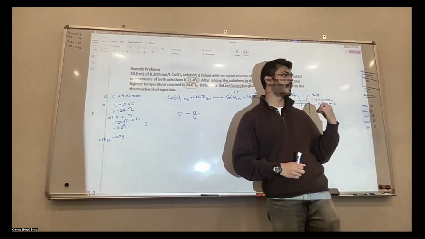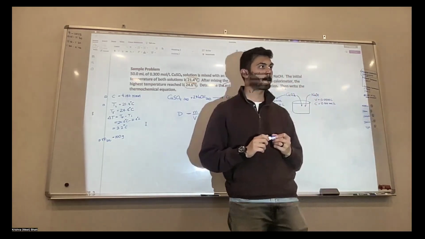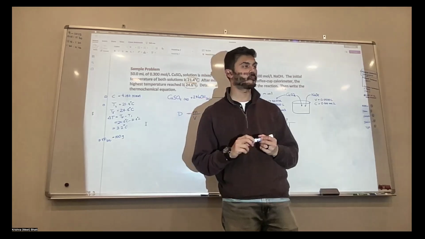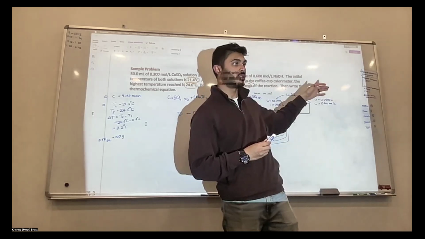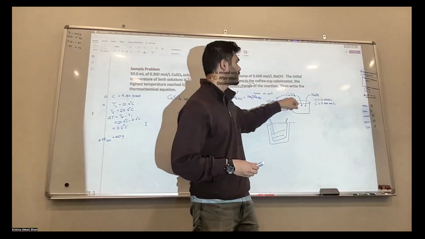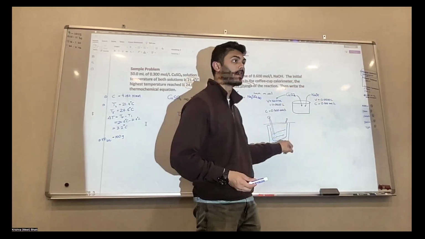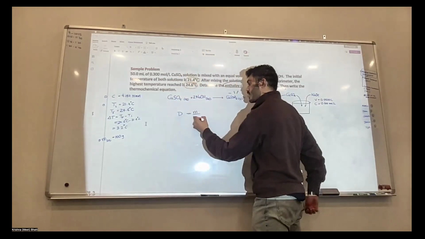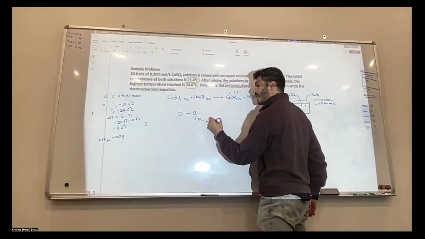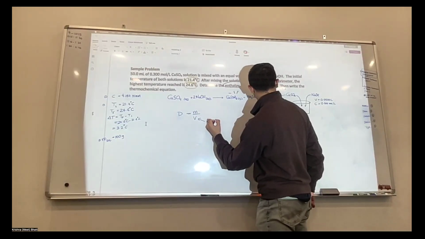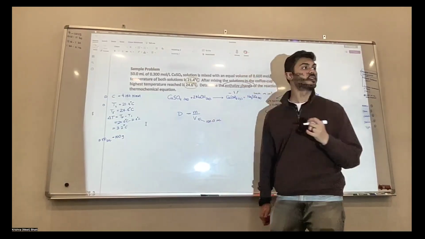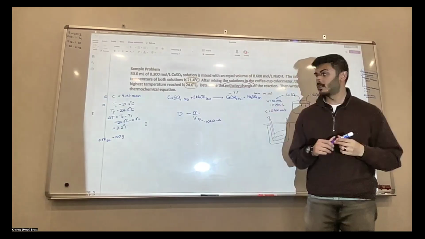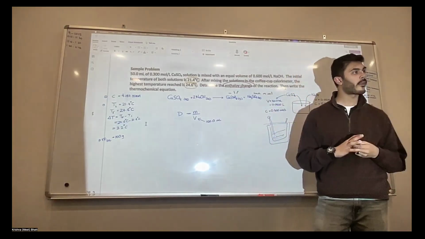What is the volume in our example? This is 50 milliliters, this is 50 milliliters. Combined together, the volume is 100 milliliters. What else do I have?